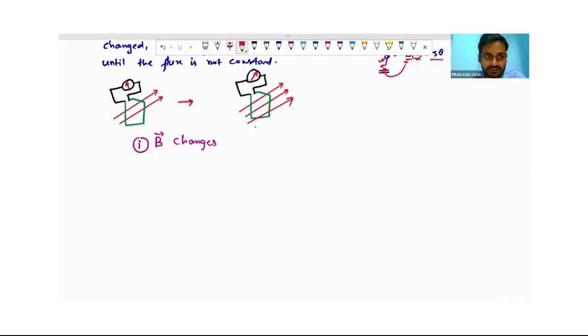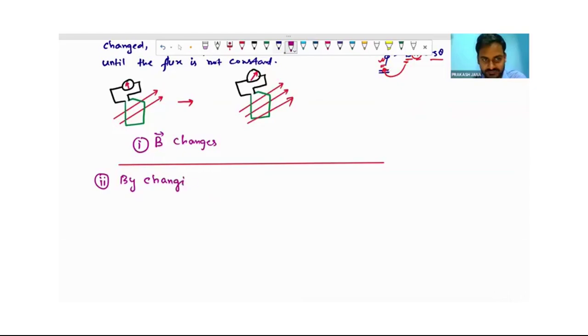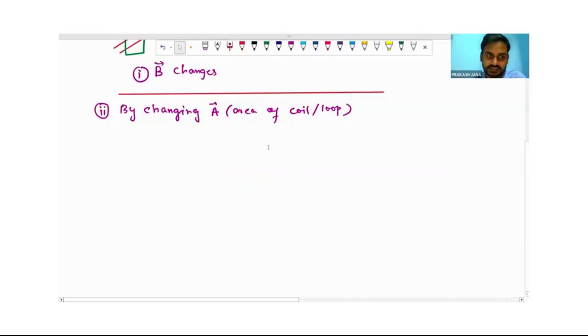Now we will take this example and discuss it. Second, we will discuss changing the flux by changing A, the area of the coil or loop. How will we do this?